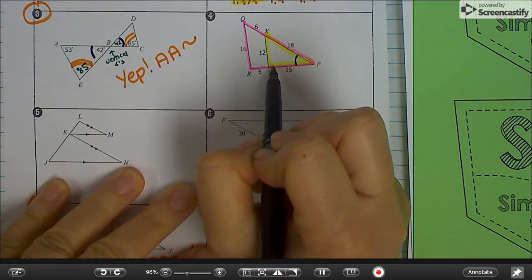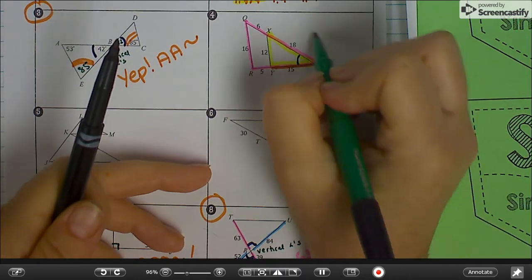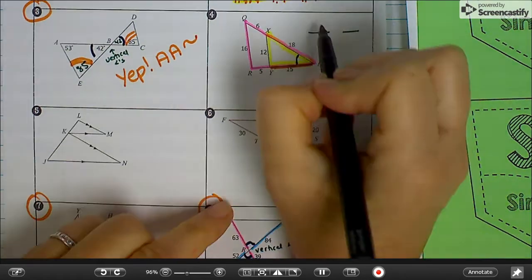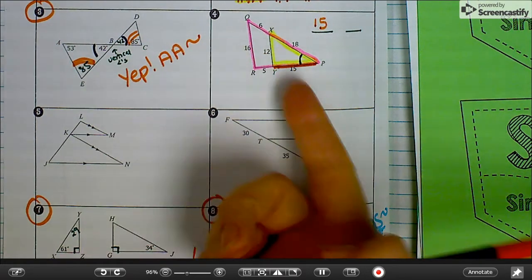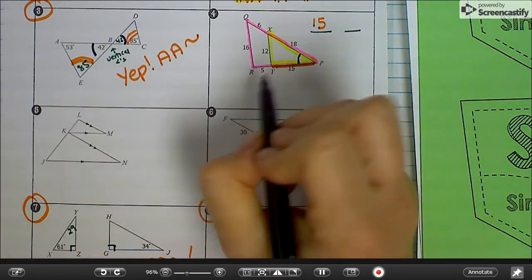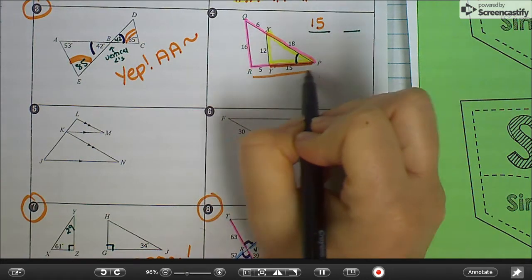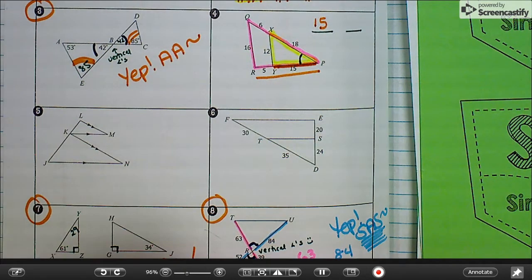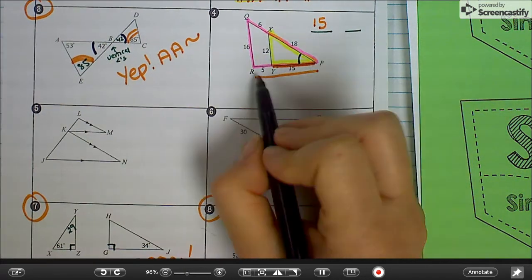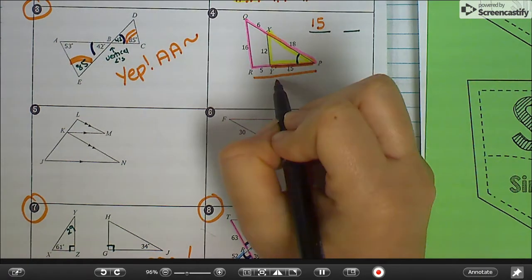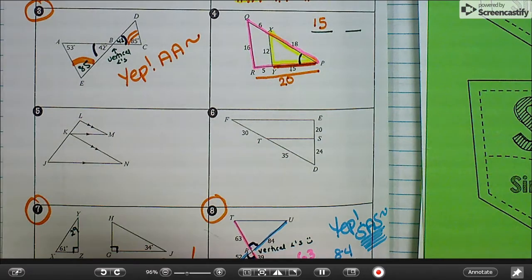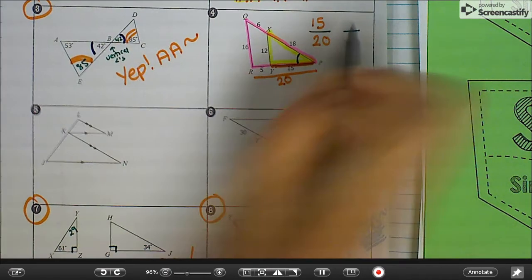All right, so for this one, we have this side. Well, we know we're going to need 2, right? So we have 15 as the short side of, or one of the sides of the smaller triangle, and the corresponding side would be this whole way across, basically segment RP. How long is segment RP? Right. Okay, just add those together. So 15 over 20.